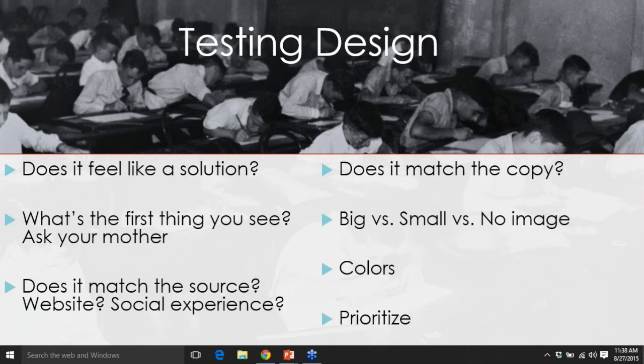One of the things to note is that the tool Underlay allows you to split test these things, and that's really helpful. It's A/B testing, so you can test maybe two different colors of a call to action button and see which one performs better.